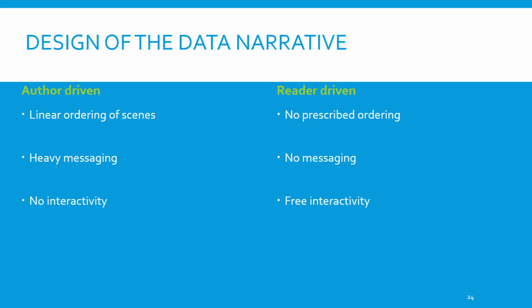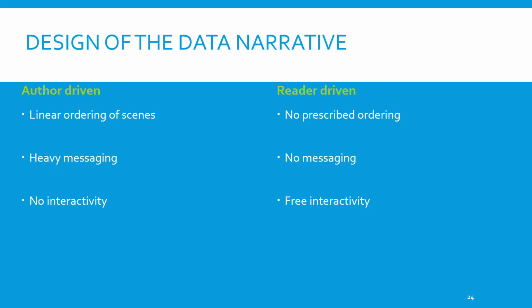As the movies, as the books, those are author-driven narratives. Unless we have those kinds of books where you can choose the next thing that is going to happen and you jump to different pages, where we create some interactivity. But if we have a narrative that is reader-driven, then there is not a prescribed order in the way that the story is told.